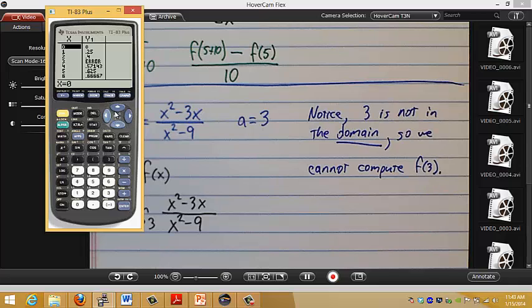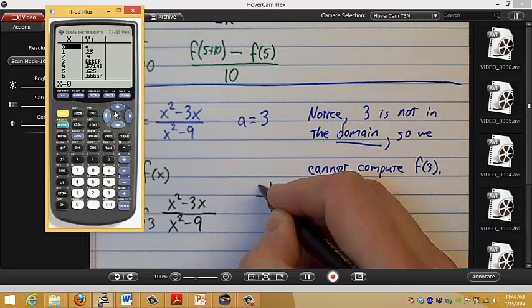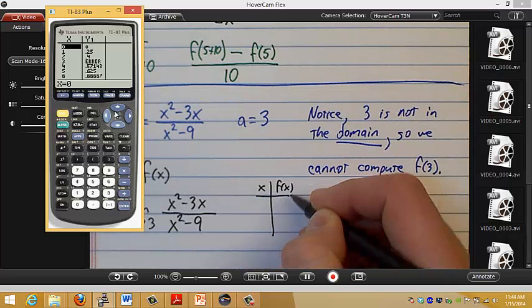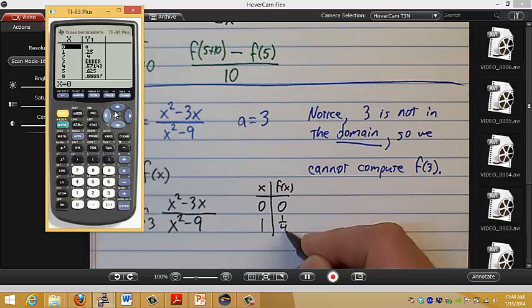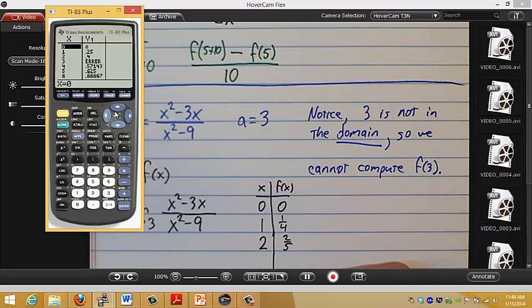This is like when you're in algebra class and you're first learning how to sketch graphs, right? You did plotting points. You would have x and f of x, right? And so I have 0, 0. F of 0 is 0. F of 1 is 1/4. F of 2 is, it says 0.4. Do you know what fraction that is? 2/5, yeah. F of 3, we don't know. It's undefined, I'll say. They put error.